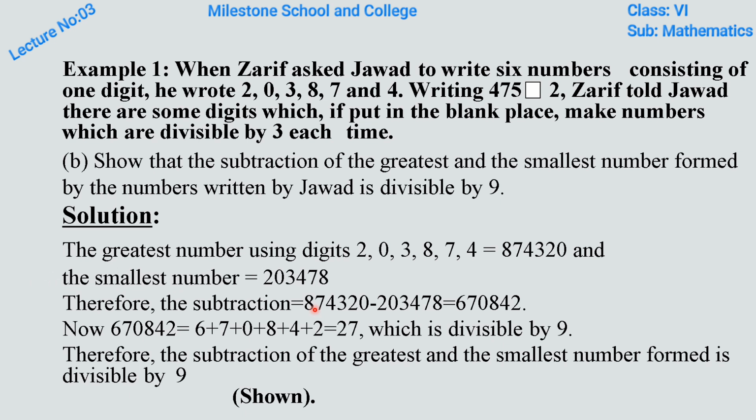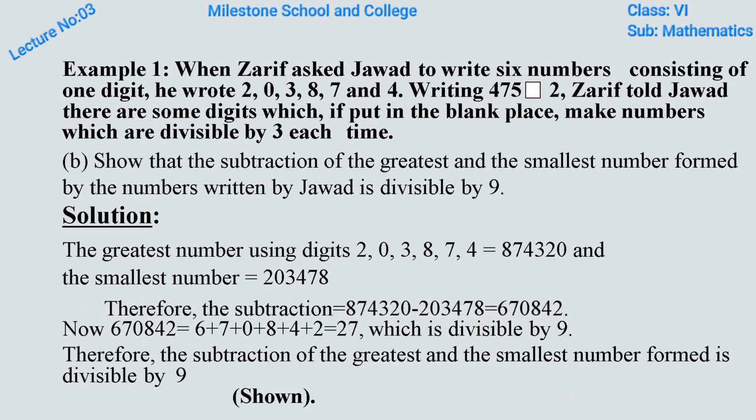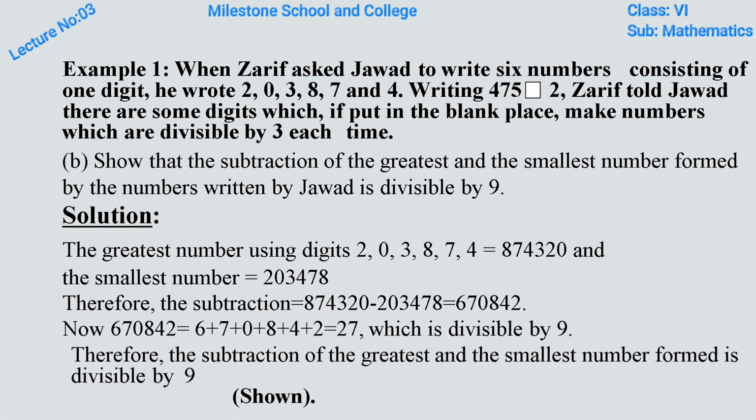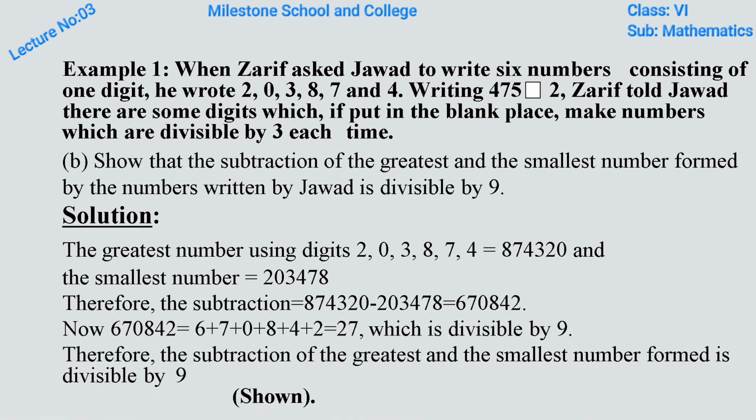Therefore the subtraction, as you can see, is 670842. And by using the divisibility rule, we can show that the subtraction of the greatest and the smallest number formed is divisible by 9. So shown. So this is the solution of number B.